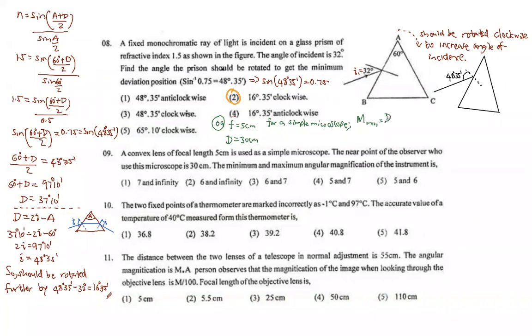That is given by d over f. d over f is equal to 30 over 5, that is 6. And the maximum angular magnification is d over f plus 1. You have to remember this equation, d over f plus 1. So 30 by 5 plus 1, that is 6 plus 1, 7. 6 and 7 are the answers.